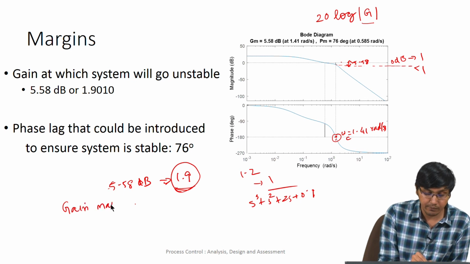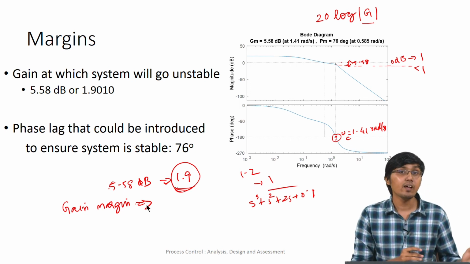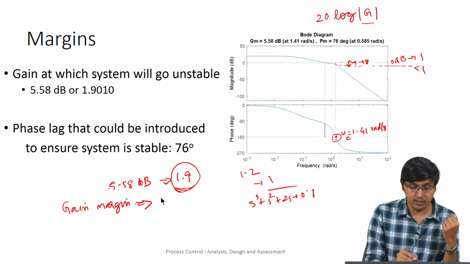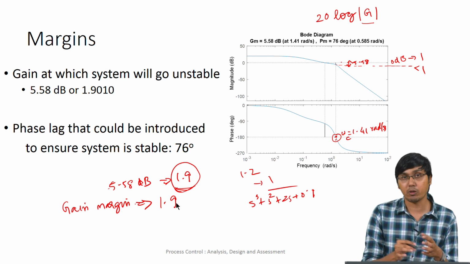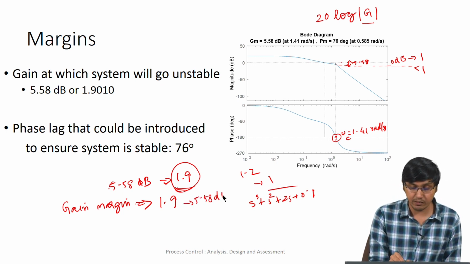How much gain can I multiply and still be stable? I have a stable system. That maximum gain is what is called the gain margin. It is nothing but 1.9, and in decibels it's 5.58 dB.